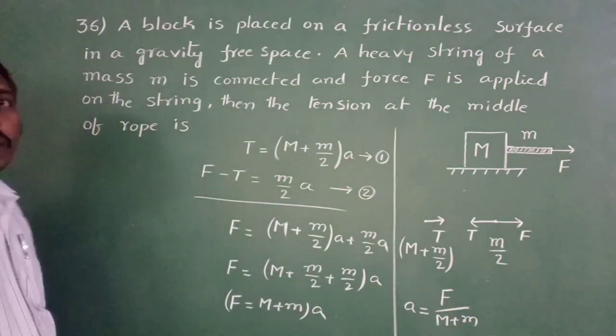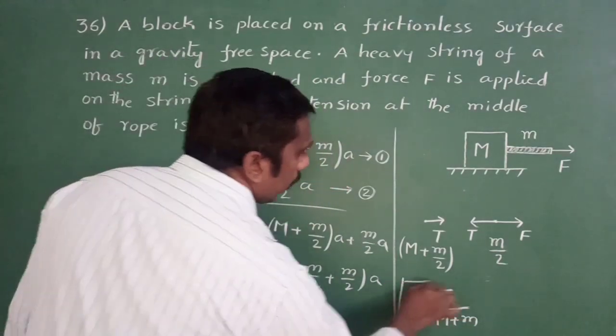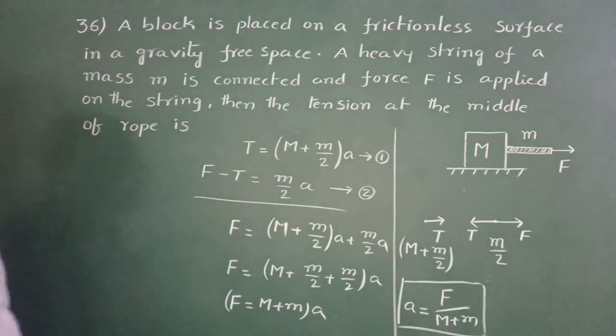We got acceleration A is equal to F by (M + m).